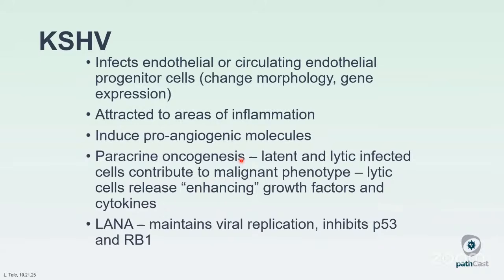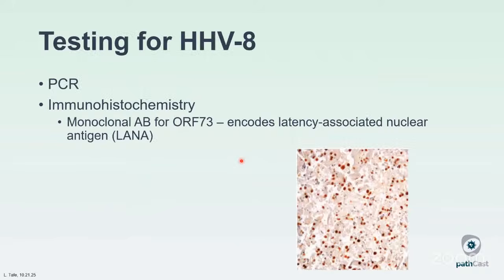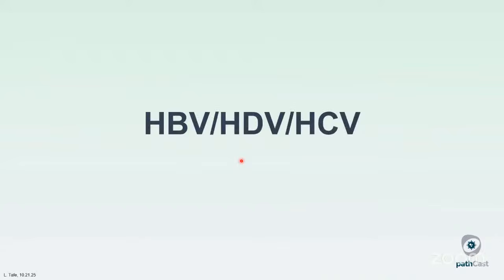These are important to maintaining viral replication. They inhibit p53 and RB, not surprisingly. Those are key pathways that many of these viruses target. So in terms of testing for HHV8, PCR testing is available, but we also do have the LANA immunohistochemistry, which we can identify directly within the tumor tissue itself.